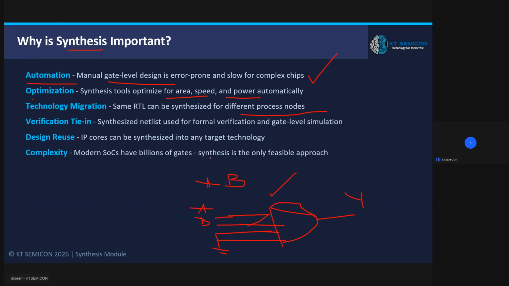When we implement the design, we may throw so many errors, so to overcome all those issues we fix them in this synthesis step. Because of that, area, speed and power are all minimized.